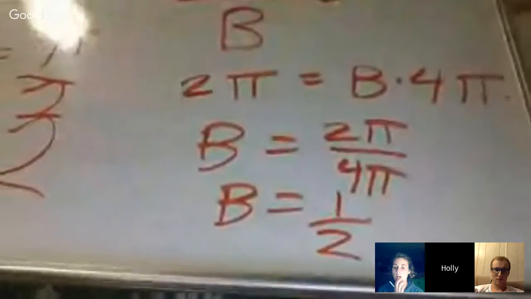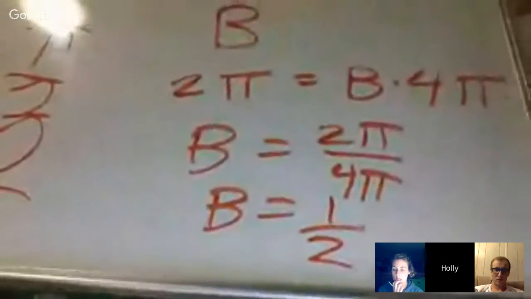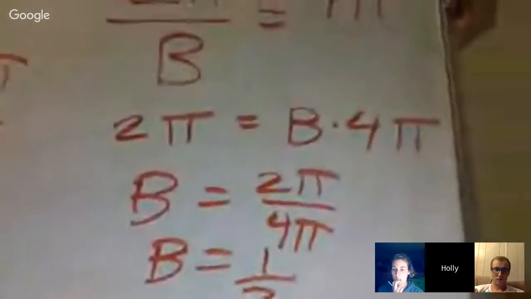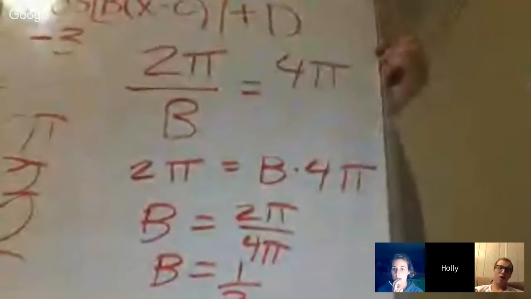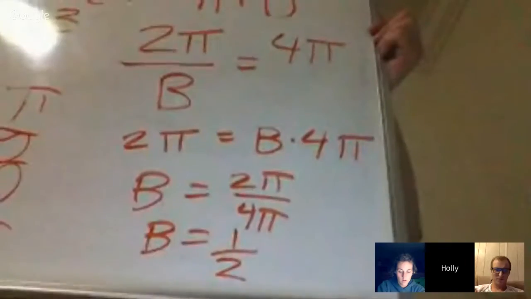So b equals 2 pi over 4 pi, which is a half. Is that good? Yeah, 2 pi over b, and the period was 4 pi, so 2 pi over 4 pi, and we get 1/2.